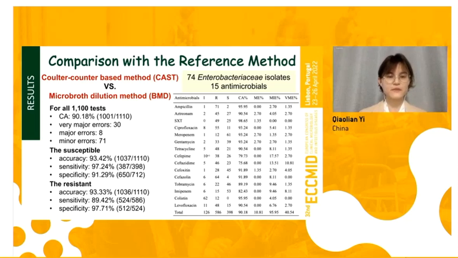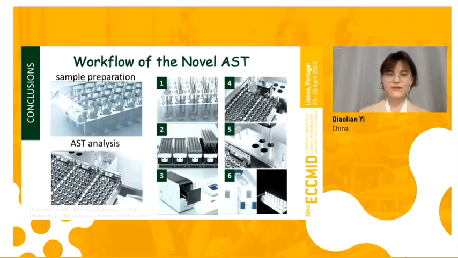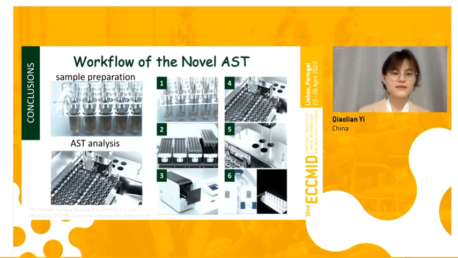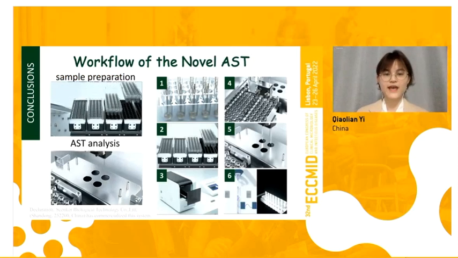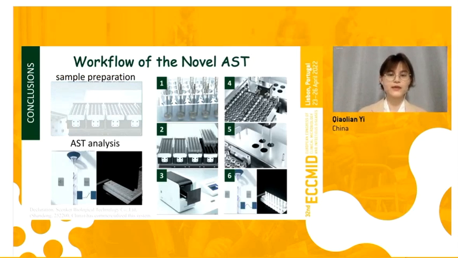The accepted criterion for verification testing is above 90% for categorical agreement. Our test is 90.18%, showing this Coulter counter-based method is acceptable for clinical use. This slide gives an overview of this novel AST system and may help you understand it more easily.